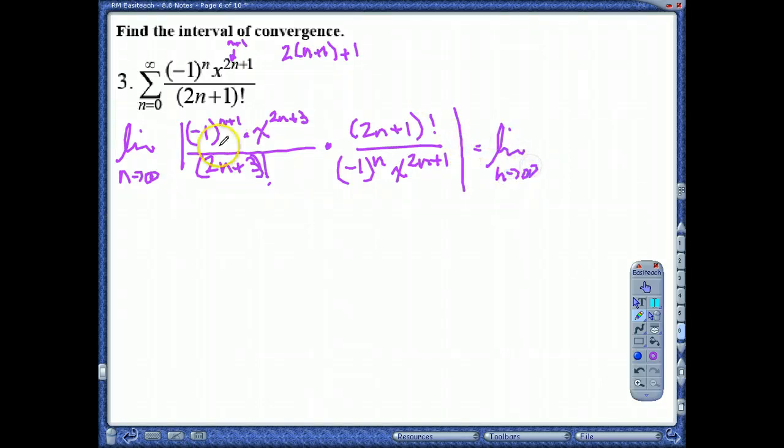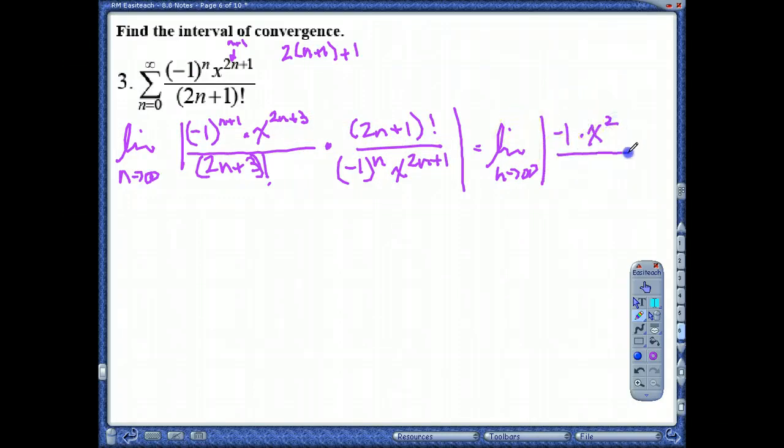Let's simplify. So you've got -1 to the n plus 1, you've got -1 to the nth, so you're going to be left with a -1, which really isn't that big of a deal because we've got the absolute value here. Now when I look at my x's, I've got x to the 2n plus 3, x to the 2n plus 1. So when you subtract those exponents, as you do when you're dividing, you'll be left with an x squared on top.